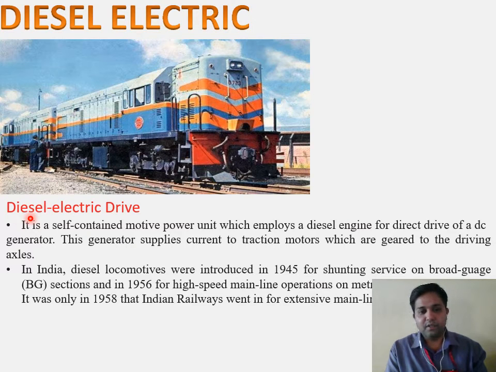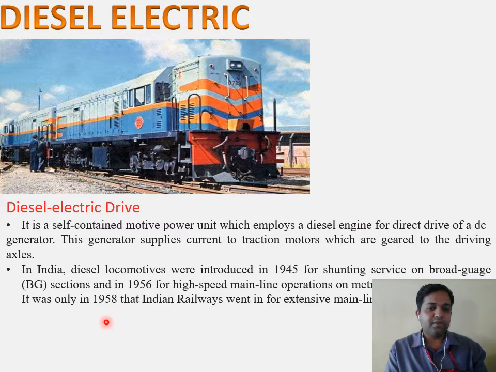Diesel engine. So in India, the diesel locomotives were introduced in the year 1945 for shunting service or broad gauge. We are aware of broad gauge, right? So in 1945 these diesel locomotives were used for broad gauge services, and in 1956 high speed mainline operations on metros were run with the help of these diesel electric traction systems.